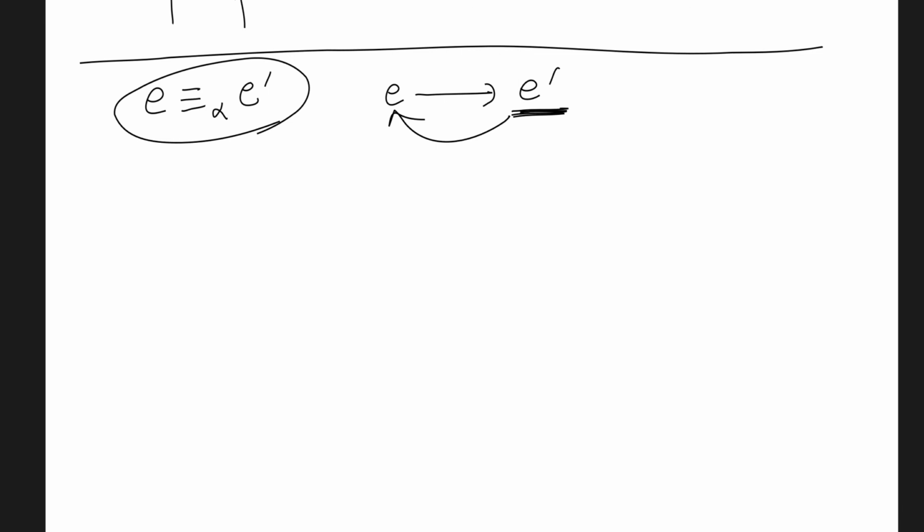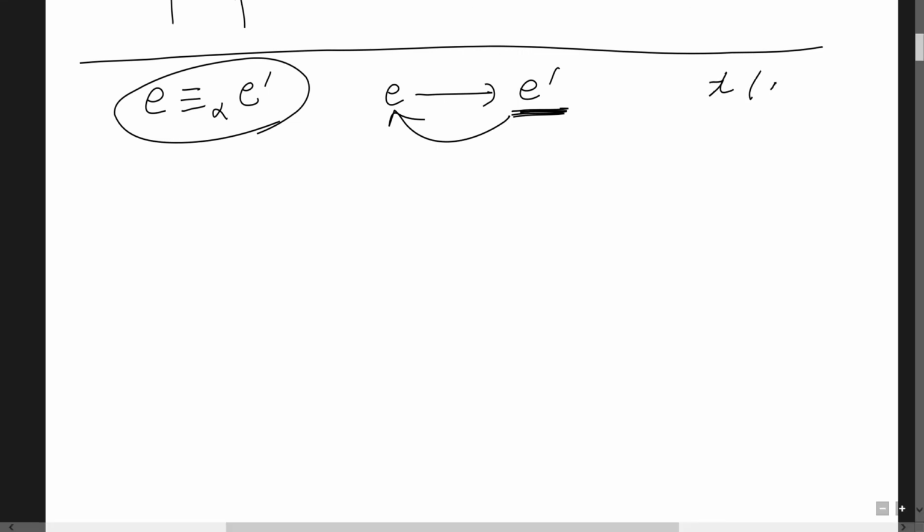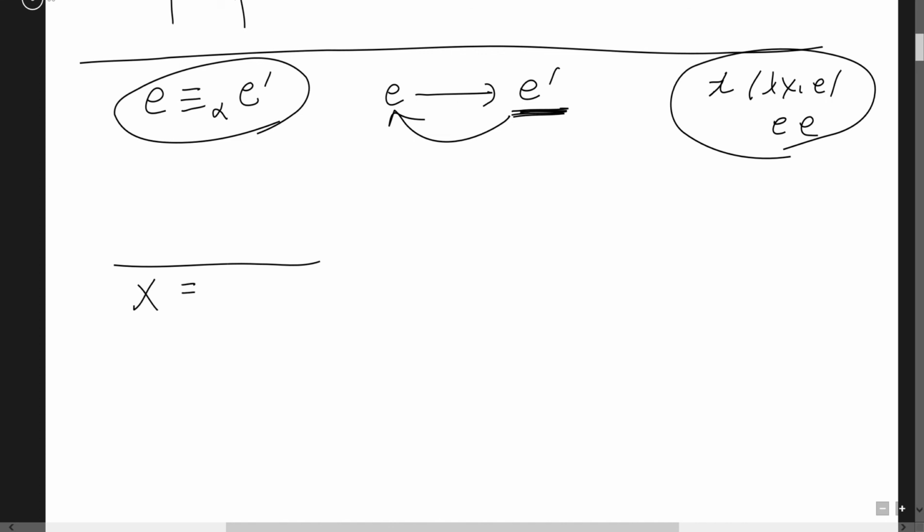So first, we have three cases: variable, lambda abstraction, and application. So what about the first case? This variable x is alpha equivalent to x itself. This is a free variable, so there's nothing you can do about this variable with the renaming, simply because there's no bound variable.